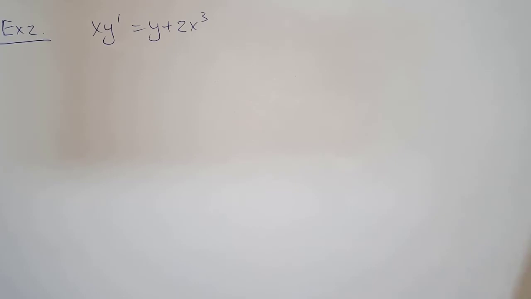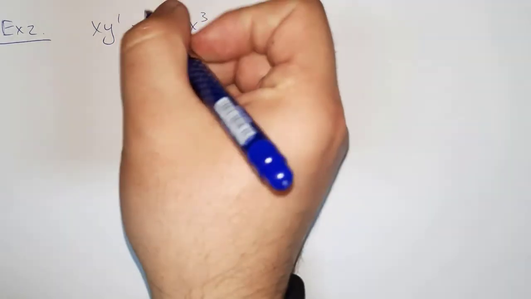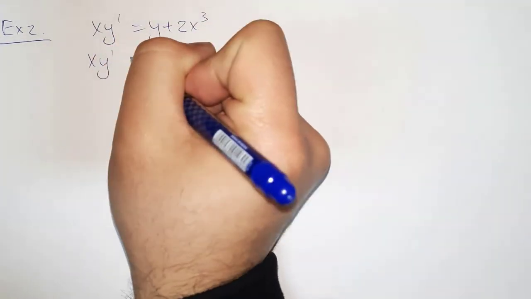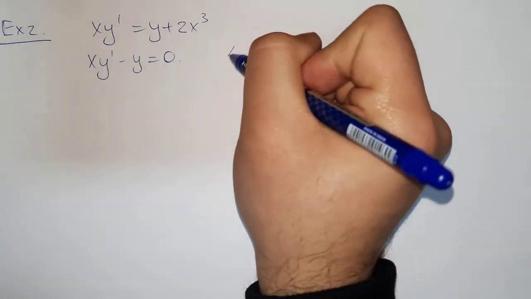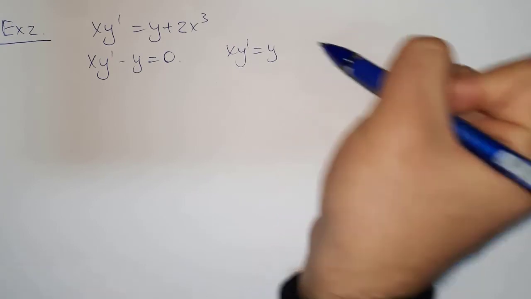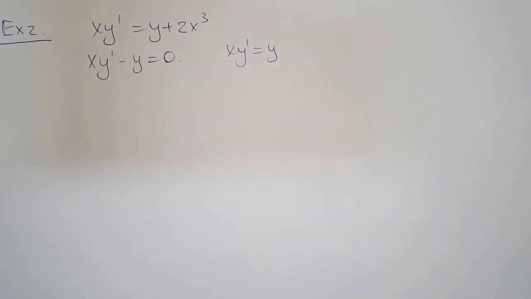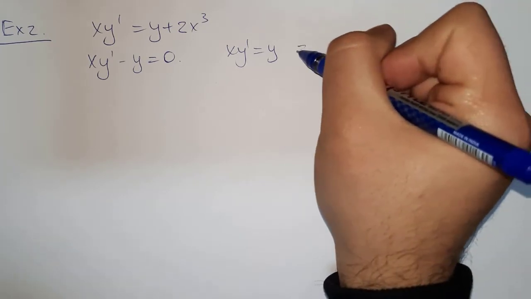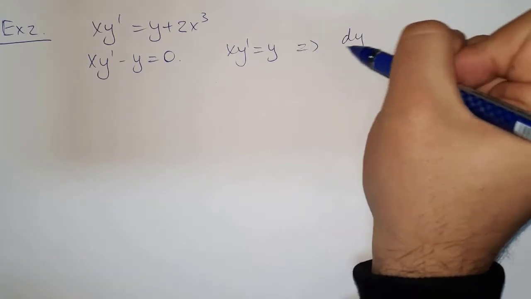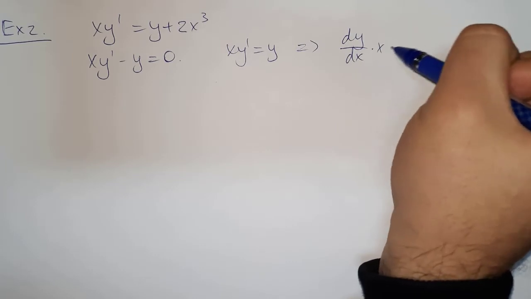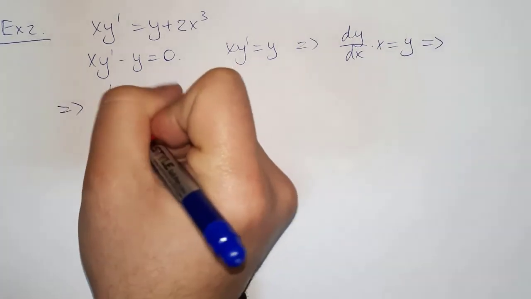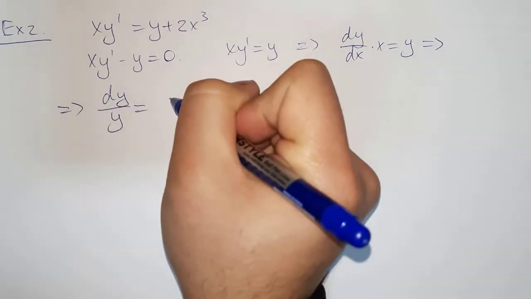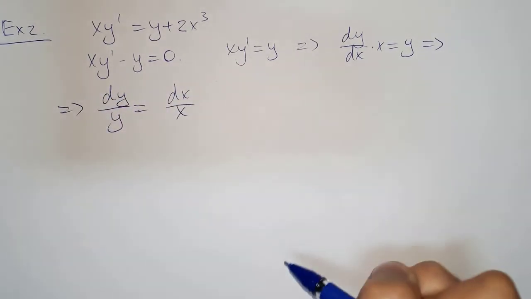Okay, so here firstly we need to solve the homogeneous part of our equation, which is equal to 0, this one, so x y prime is y. This is an equation with separable variables, and we'll get here dy over dx times x is y, or dy over y is dx over x.